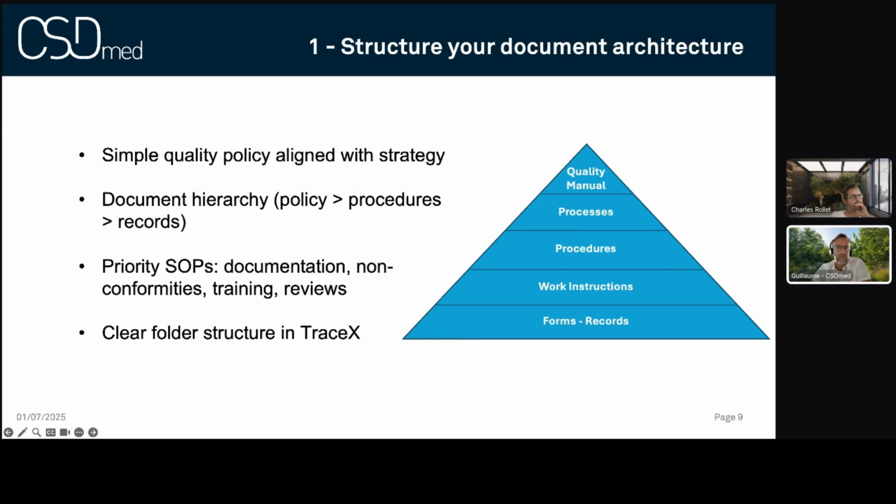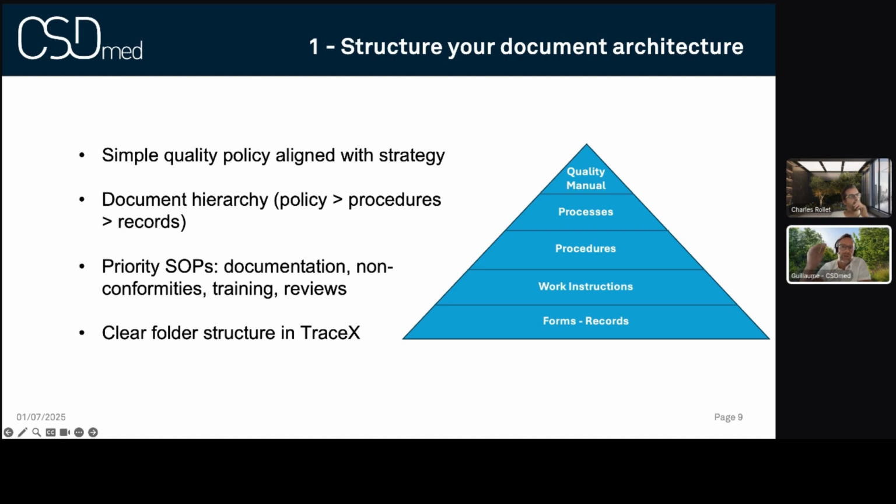Step 1, you structure your document architecture. Now that you know who does what, when, etc., you can go to your values and define your company policy. It will be recorded in your quality manual at the top of the pyramid.